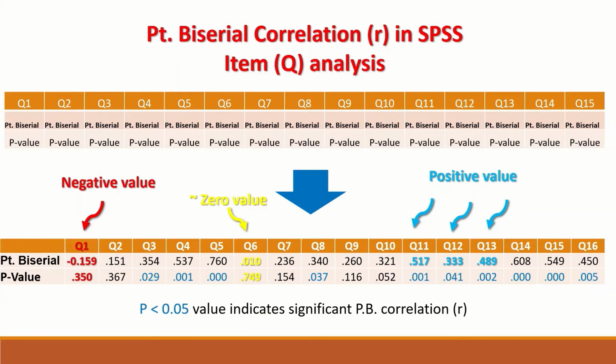The next slide shows item analysis using the point biserial correlation coefficient, either in SPSS or in another software package called Excel.